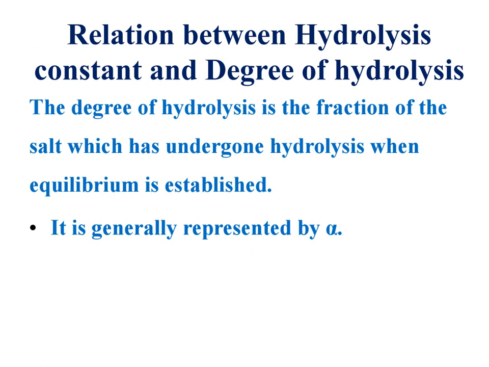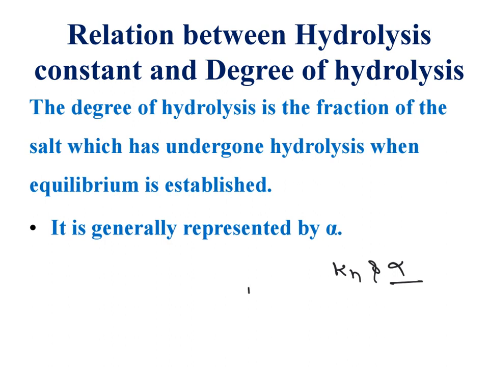The next relationship is the relationship between hydrolysis constant Kh and degree of hydrolysis alpha. So what is the degree of hydrolysis? Degree of hydrolysis is the fraction of the salt which has undergone hydrolysis when equilibrium is established.